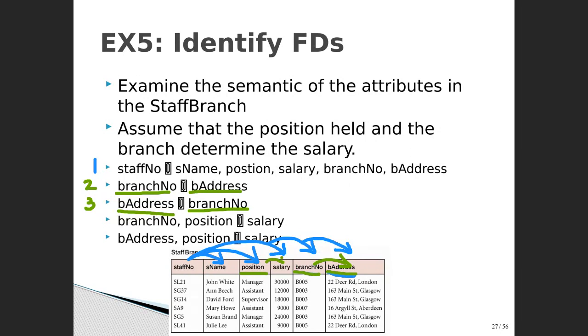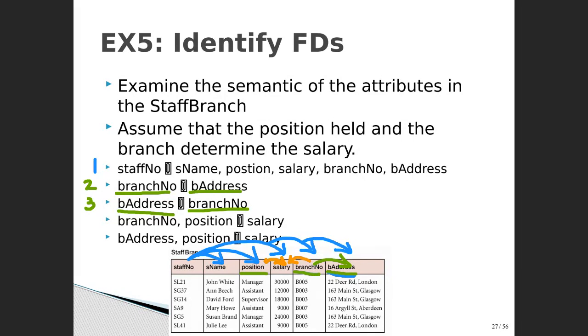Salary. If I know which branch number a member of staff belongs to, for example, the main branch or main office will be different. So branch number plus position will determine salary.